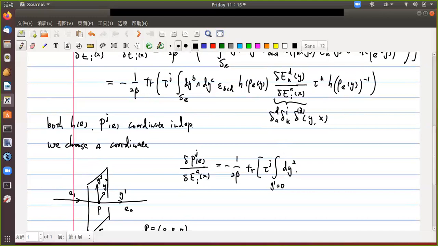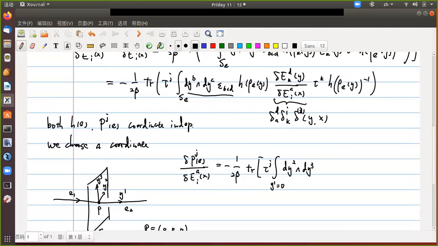So dy2 wedge dy3, because this is a 2-form. You're integrating a 2-form, which means you have to restrict this 2-form on the surface. And thanks to this coordinate, you only have the 3 and 2 directions on the surface, so you only have dy2 wedge dy3.